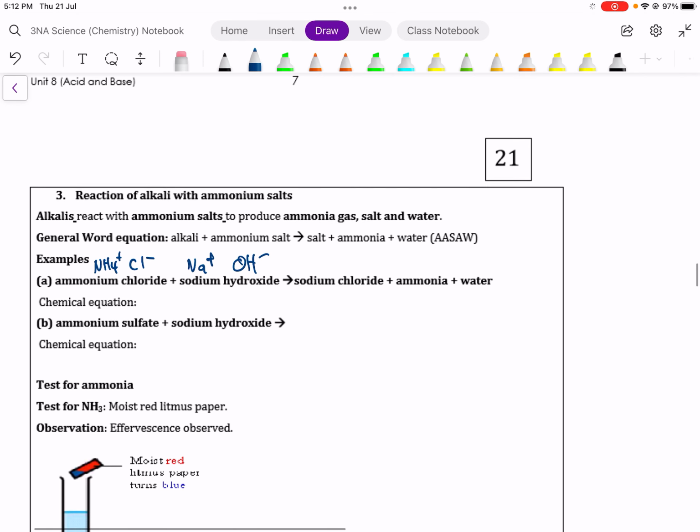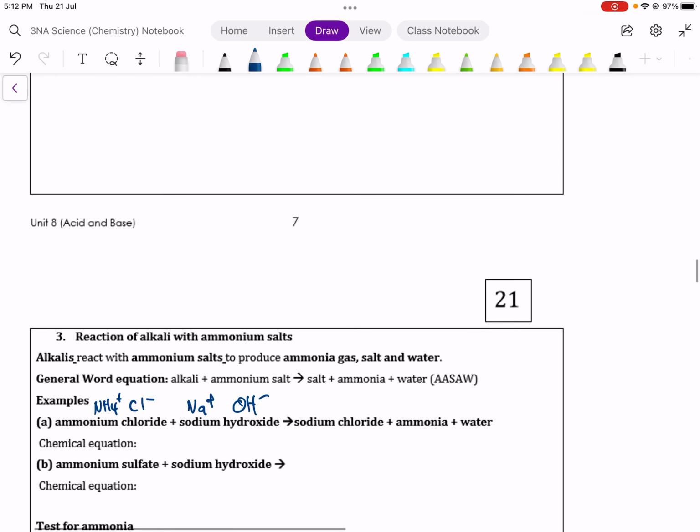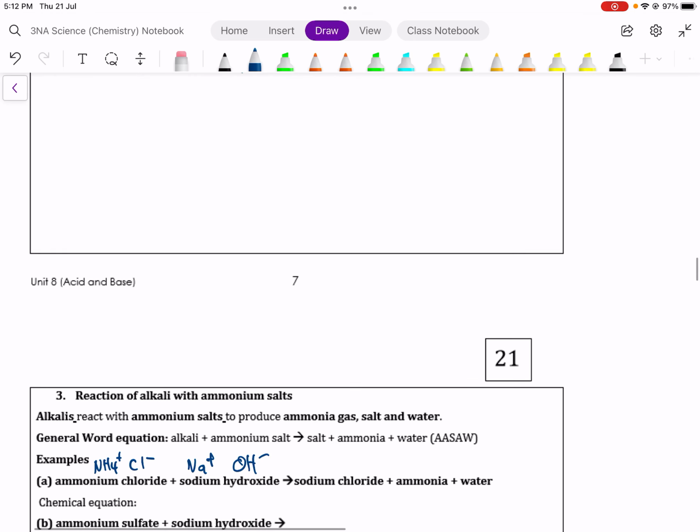Moving on to the next part down here. What's happening over here is the fourth reaction. Let me get some space right over here.